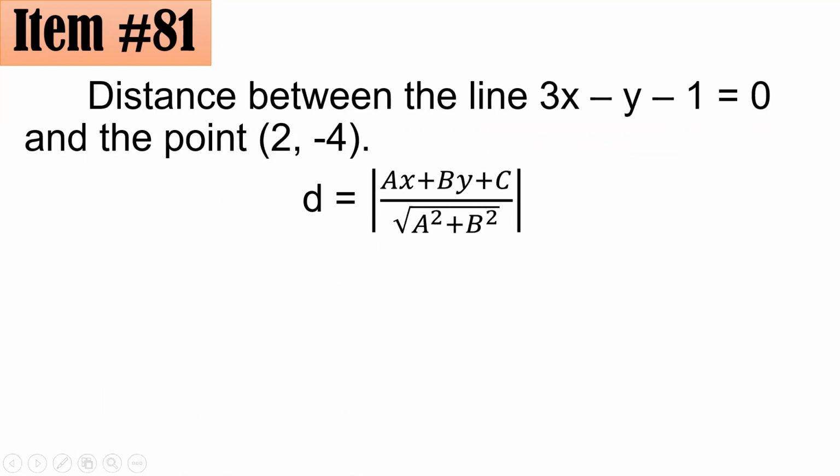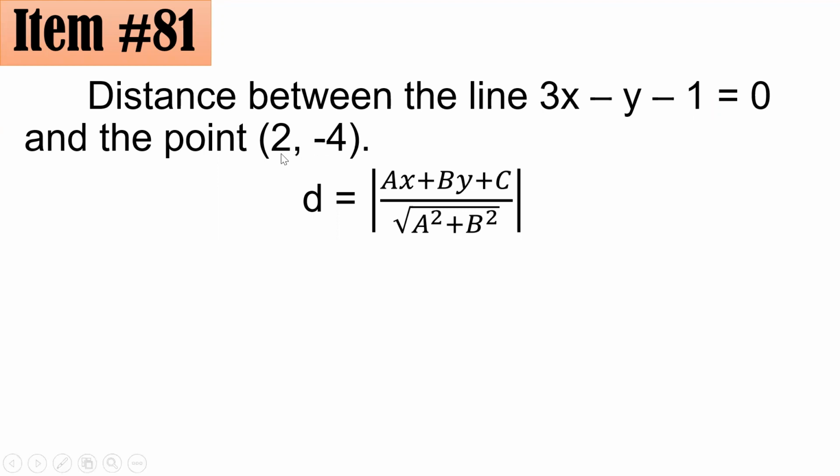We have to be reminded that if you are given a line and a point not lying on that line, then the distance between them, denoted by D, is equal to the absolute value of the quantity ax plus by plus c, if your equation is in the general form, all over the square root of a squared plus b squared, where a here is 3, b here is -1, and your c here is -1 as well.